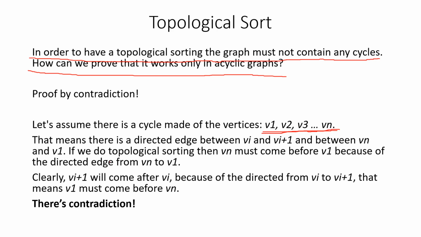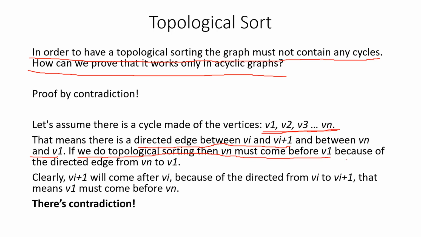It means that there is a directed edge between vi and vi+1, and between vn and v1. So if we do topological sorting, then vn must come before v1, right?